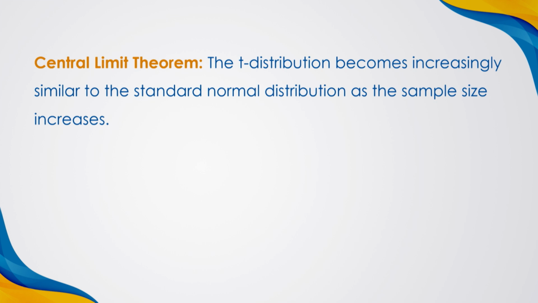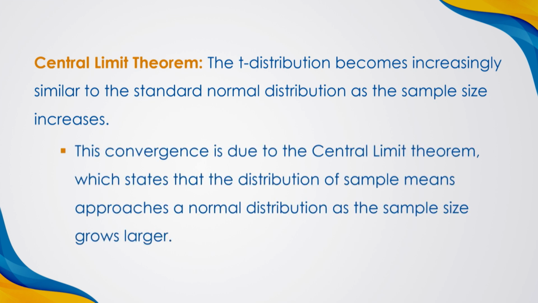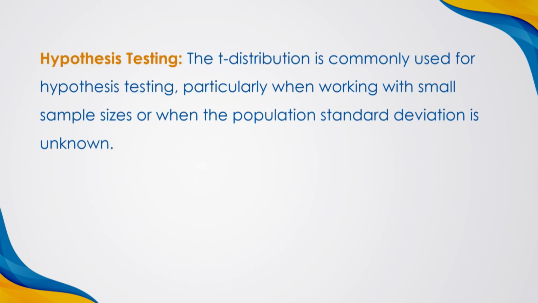Central limit theorem. The t distribution becomes increasingly similar to the standard normal distribution as the sample size increases. This convergence is due to the central limit theorem, which states that the distribution of sample means approaches a normal distribution as the sample size grows larger.